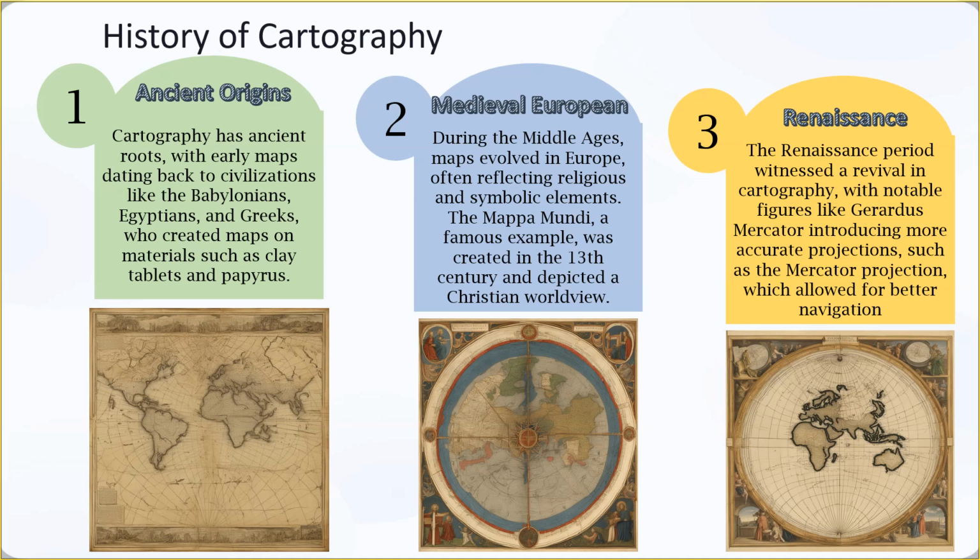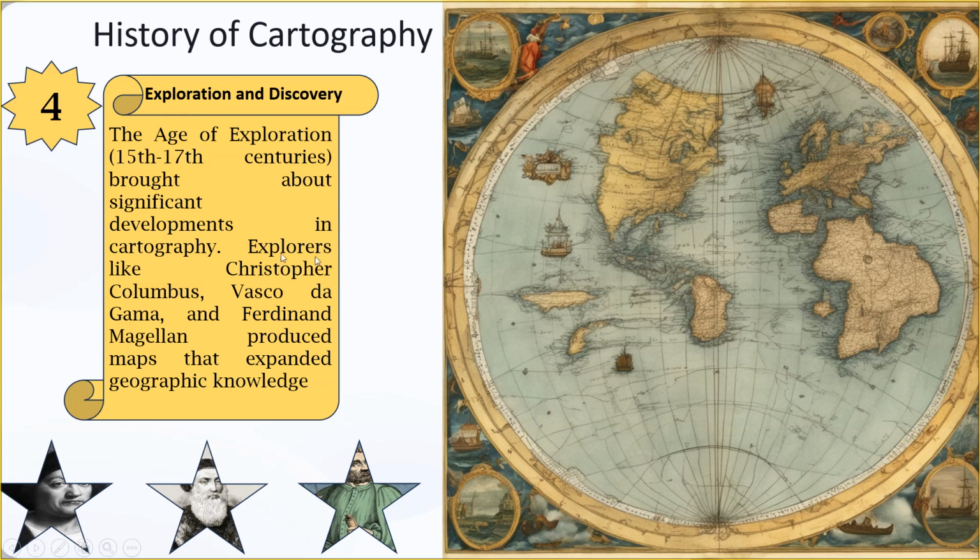And after that, if you look at the exploration and discovery phase, the 15th century to 17th century, in that period most of the state-sponsored travelers, especially Christopher Columbus, Vasco da Gama, Magellan, traveled all around the world to find resources to help their countries. At that time they drew maps of which part of the world had what kind of resources, and wrote in their travel diaries.